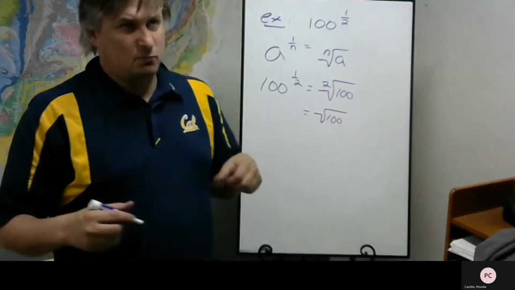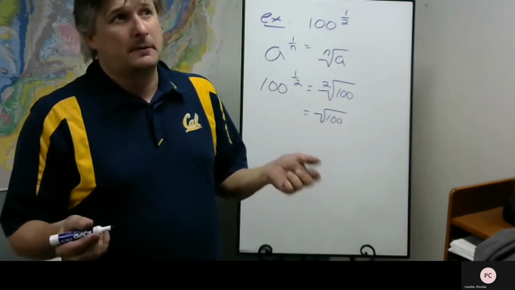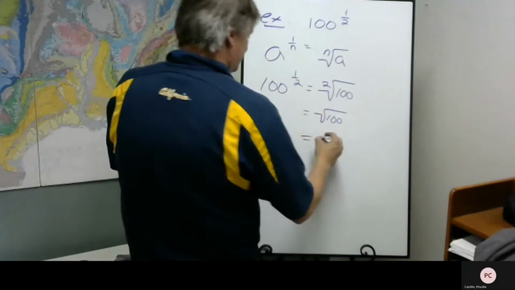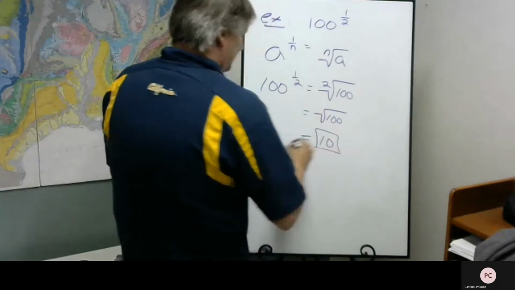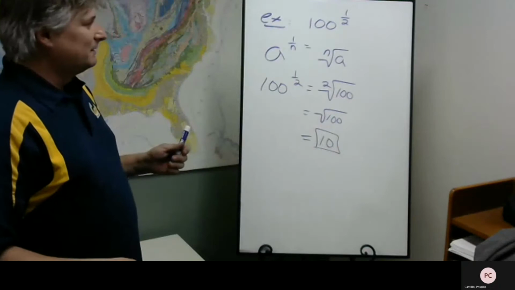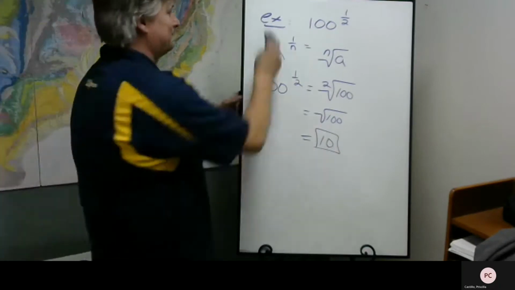And let's see, what number times itself gives you 100? 10. And since this is a positive even root, we'll go with the 10. Let's take a look at another one.